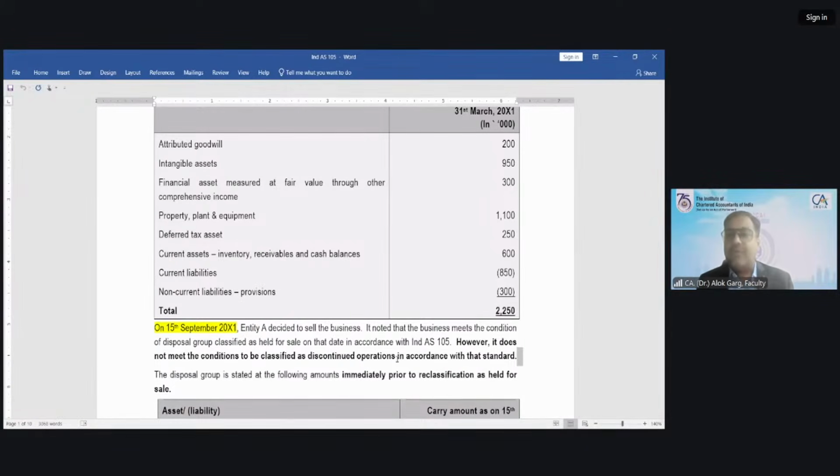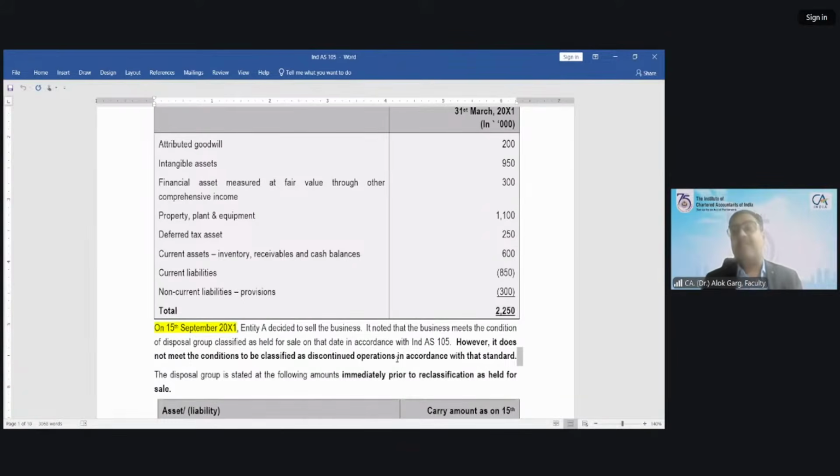Of course, this sale of factory is a disposal group held for sale. But is it a discontinued operation also for that company? Answer is yes. The disposal of that factory is also resulting in shutting down the business in India, moving from a country, from a geographical location, from a territory, right?